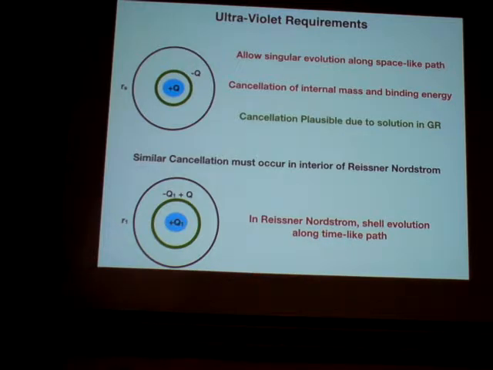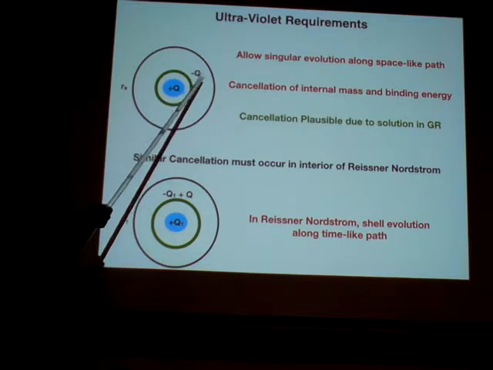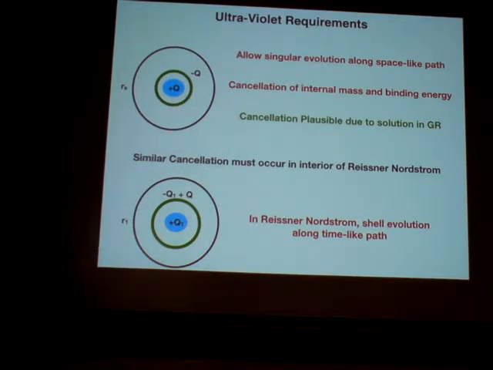So, for example, it's very reasonable that for whatever reason, in the case of the Reissner-Nordstrom black hole, the evolution of the shell could happen quickly because it just has to move over a time-like path, while maybe it's a lot harder for it to move along a space-like path. I don't know. You have to know what the theory is, but at least the fact that something similar has to happen gives me some optimism for why this could.